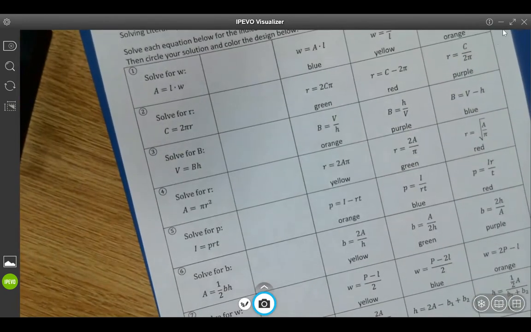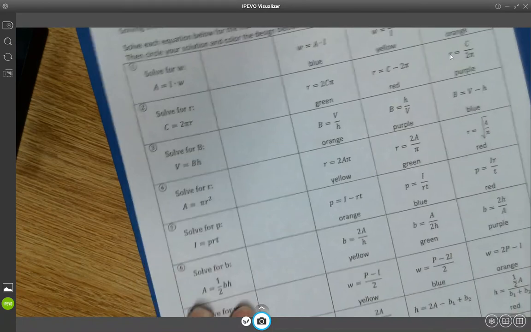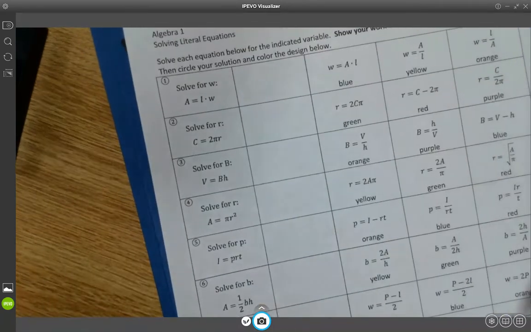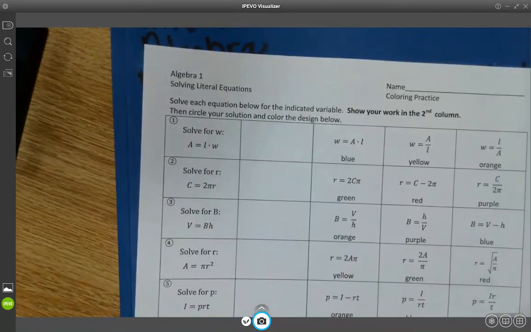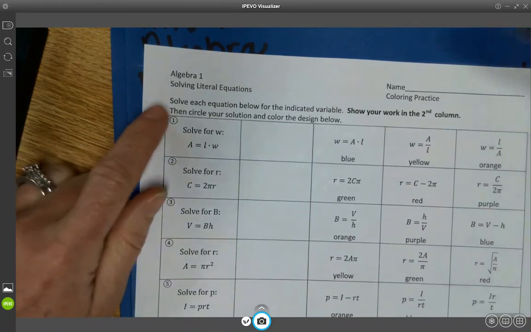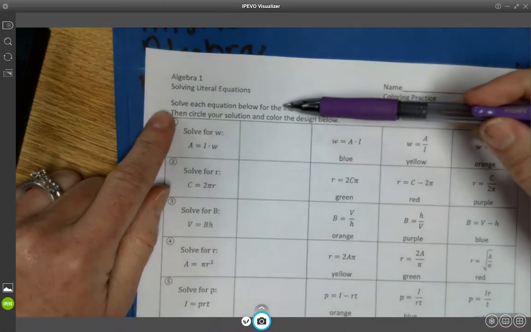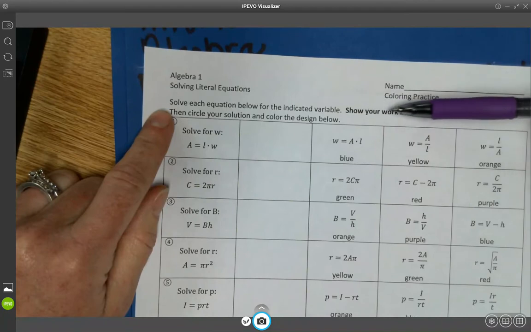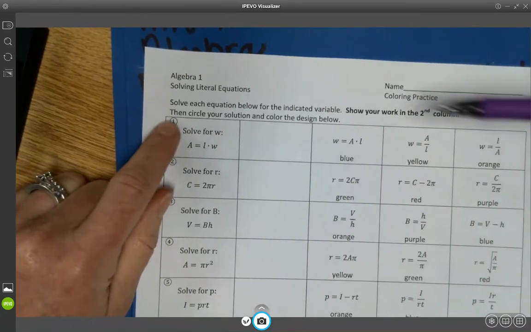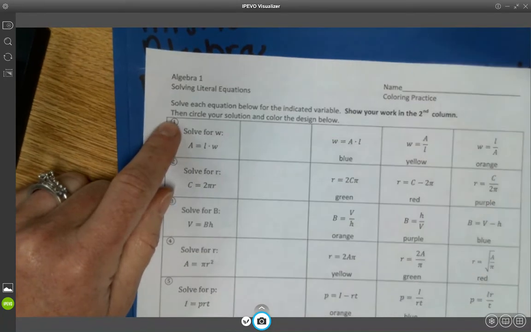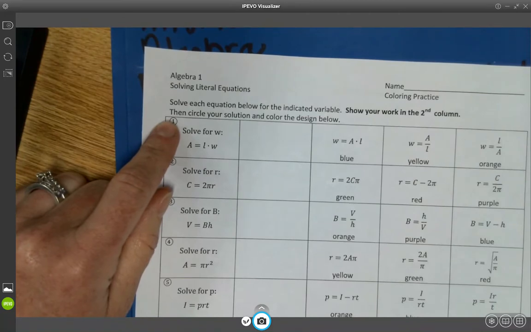This is one side of the page. And go ahead and write your name and your class period on here. And the instructions say, solve each equation below for the indicated variable. Show your work in the second column, then circle your solution and color the design below.